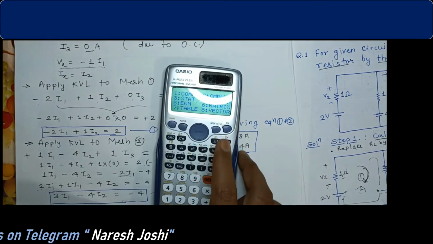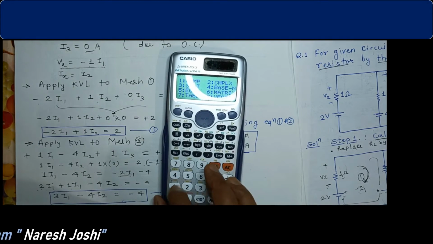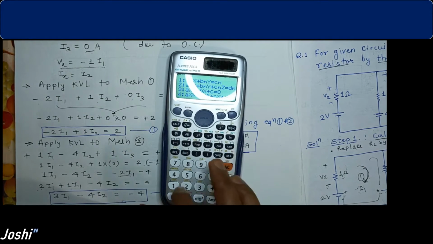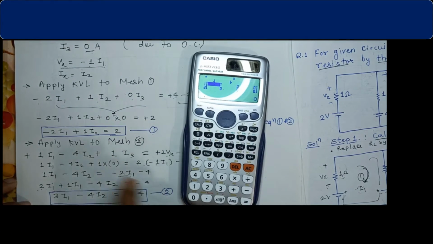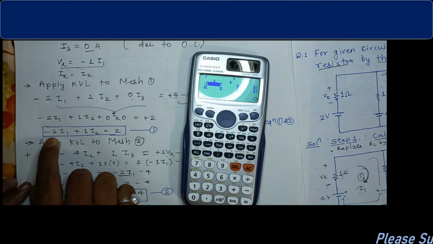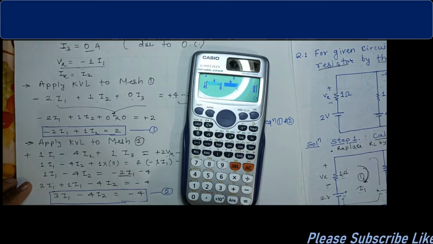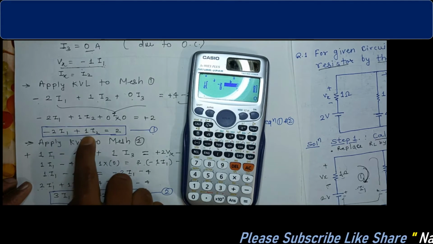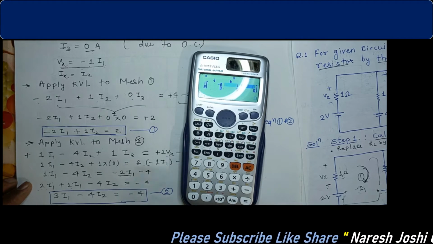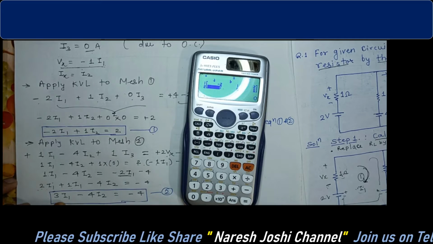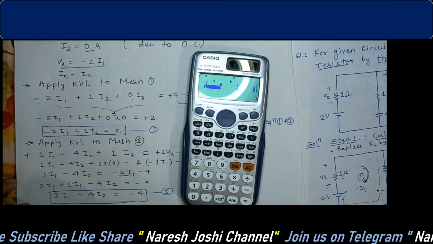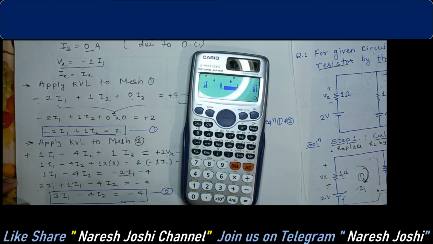So let's see. Go in equation 5. Only two unknowns are here, so first option we have to choose. Then what is the magnitude here? Minus 2, so you have to enter minus 2. Then what is the magnitude here? In this case 1, so I will write 1. Then 2, so you have to enter 2. Then second equation, magnitude of I1 is 3, so I have entered 3.